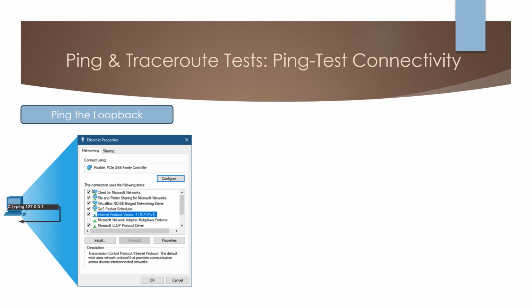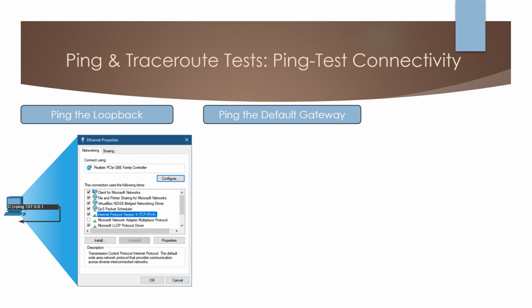The second test is to ping the default gateway. You can also ping to test the ability of a host to communicate on the local network. This is generally done by pinging the IP address of the default gateway of the host. A successful ping to the default gateway indicates that the host and the router interface serving as the default gateway are both operational on the network.